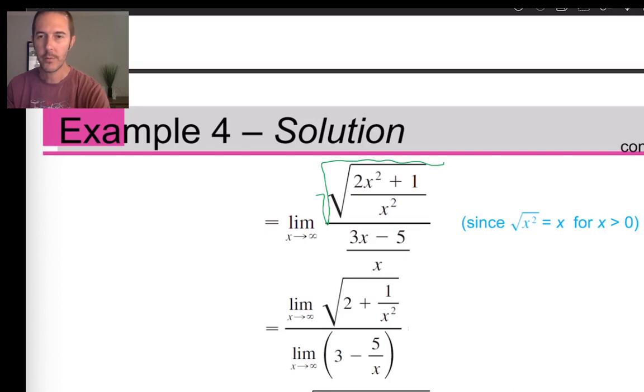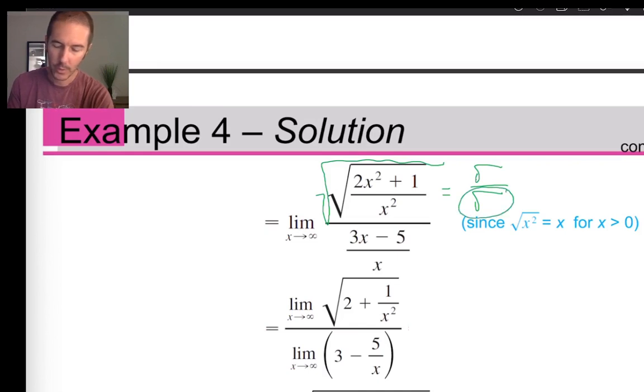A square root of a fraction could be written as the square root of the numerator divided by the square root of the denominator, except here we've done that process in reverse. We expressed our denominator as a square root so that we could reverse this process and turn it into one large square root covering our entire fraction.